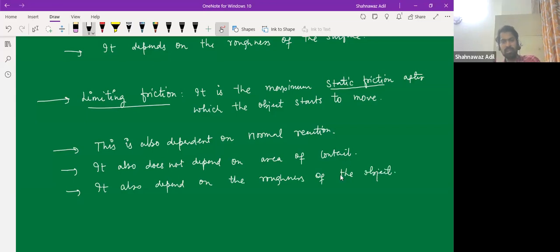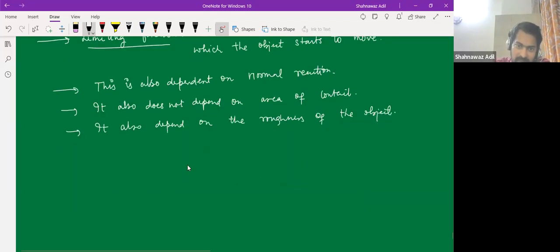This is the theory part. So how do we represent it? Right. So we have this limiting friction, and this is directly proportional to the normal reaction. So let's say that if we have an object in here, right, and you are applying a force, okay, and you get a maximum value at which it just starts to move, right?